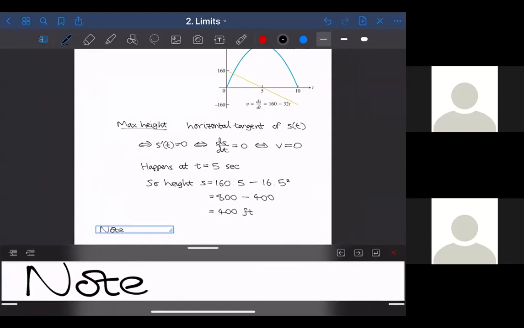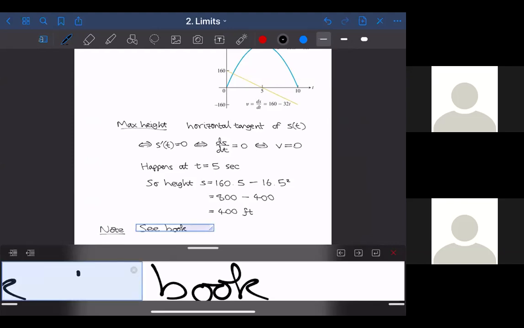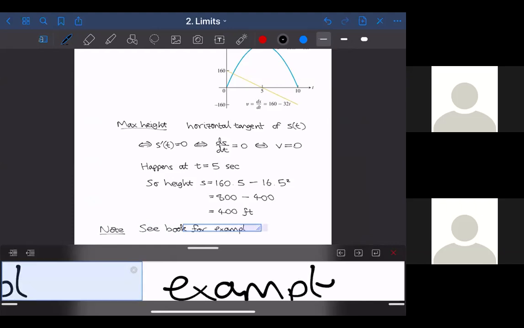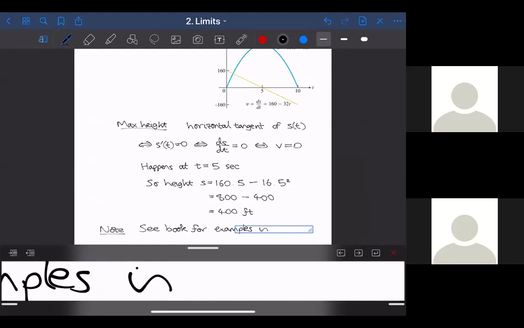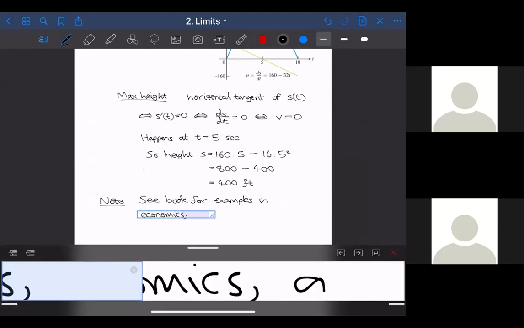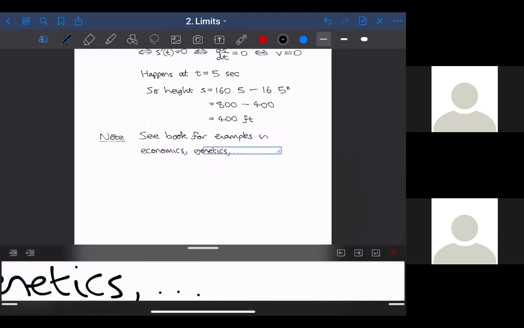So those are physical examples of rates of change. Maybe they're the easiest ones for us all to understand, but depending on your interests, see the book for examples in economics, genetics, and so on. So these rates of change, of course, come up in all parts of science.